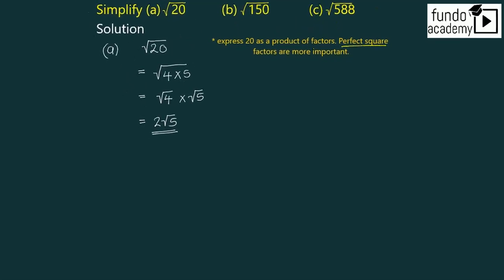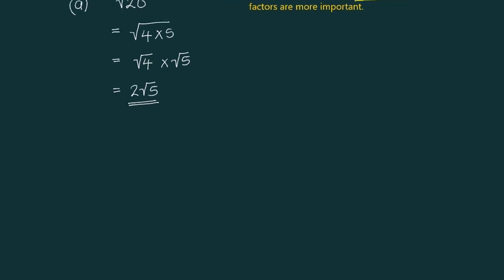Part B, we want to look for the square root of 150. Again, we do the same. We are trying to express 150 as a product of factors, and we are mainly considering perfect square factors. But you see, 150 is a bigger number than 20, and the bigger the number, the more difficult it may become to find the factors or to express it as a product of factors.